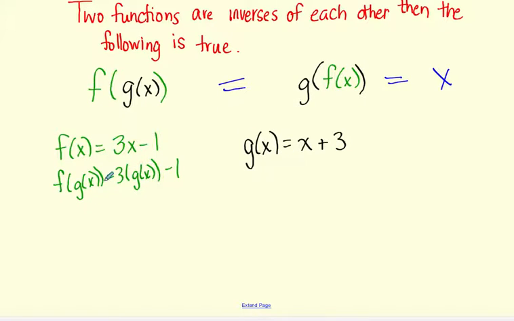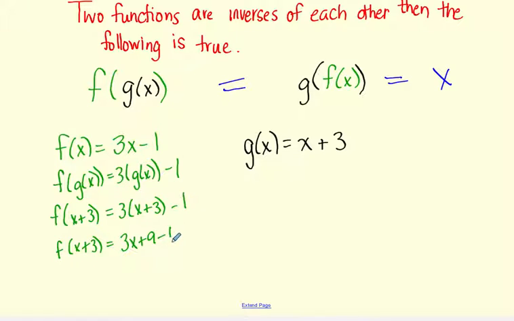So g of x equals x plus 3 in this problem. So x plus 3, and then x plus 3. All right, and then we simplify. This side stays exactly the same. I distribute and get this. I simplify to get this.